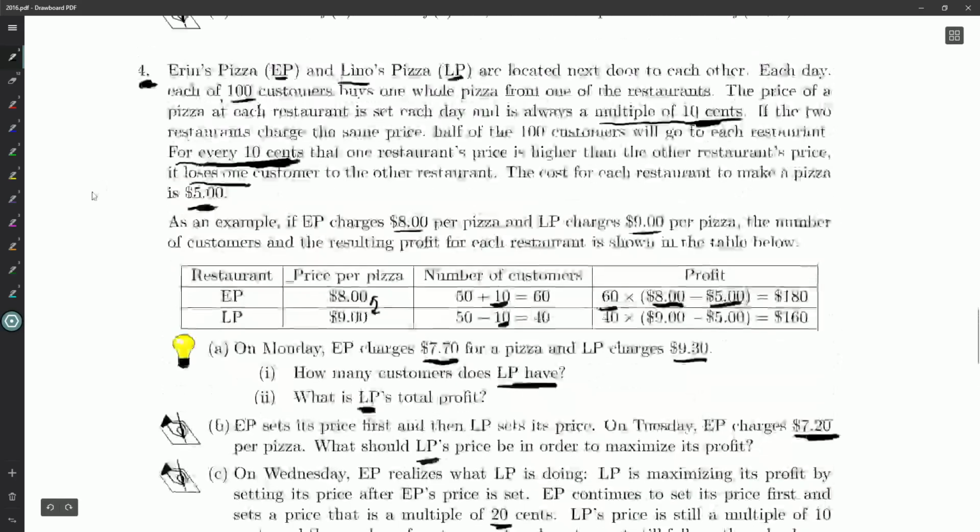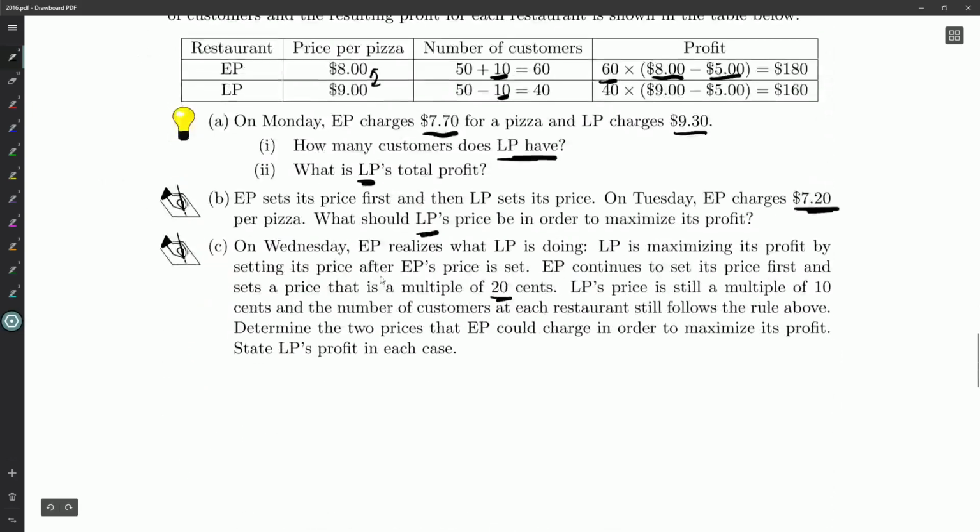They told us earlier it would be a multiple of 10 cents. Now they're saying it's a bit more. It's going to be a multiple of 20 cents. Lino's price is still a multiple of 10 cents, and the number of customers still works the same as above. Fine. Determine the two prices that Aaron's Pizza could charge in order to maximize its profit. And also state Lino's profit in each case.